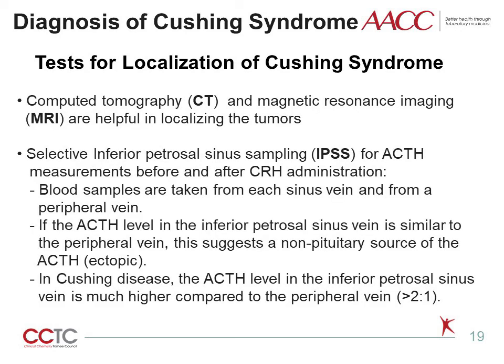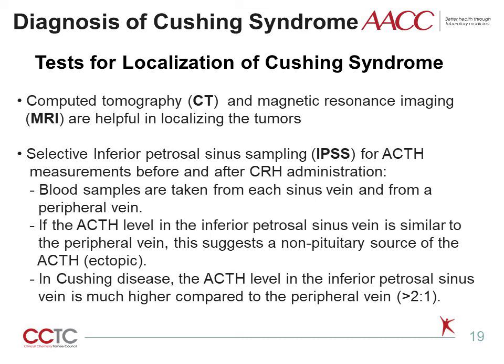Sometimes additional examinations are needed to determine the cause and locate the disease. In addition to using CT scan and MRI for localization of tumors, selective inferior petrosal sinus sampling for ACTH measurements before and after CRH administration can be helpful.